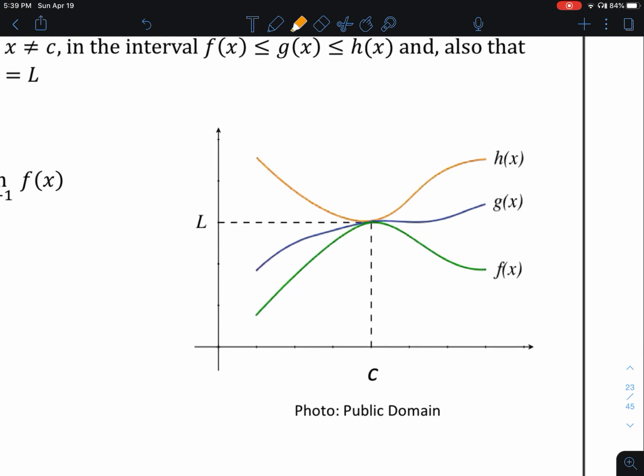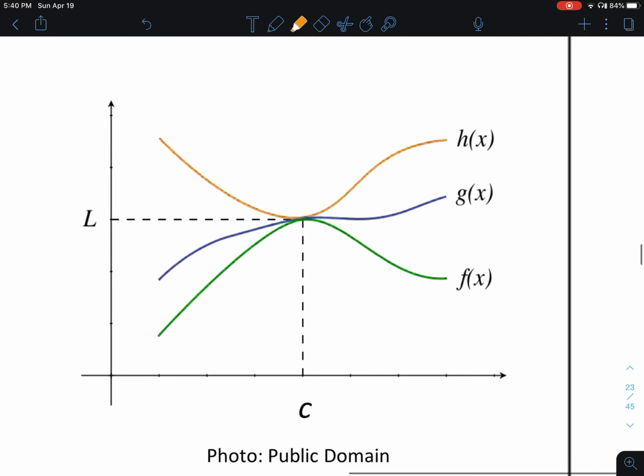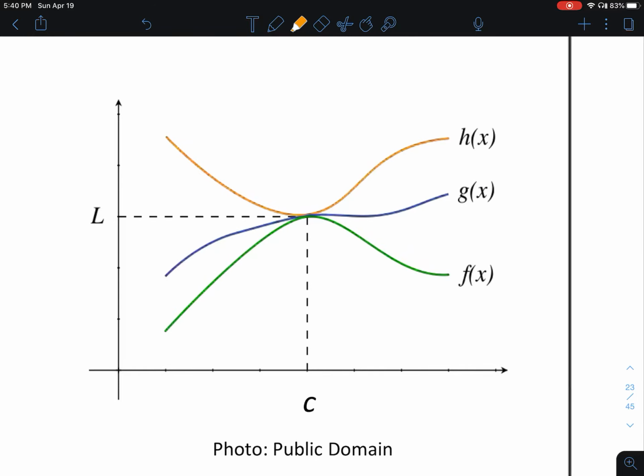So here's a graph for you to look at. By the way, this is on page 39 in your packet. If you're looking at this graph, there are three functions. h is the upper function, f of x here is the lower function, and g is that function that we squeezed in the middle.